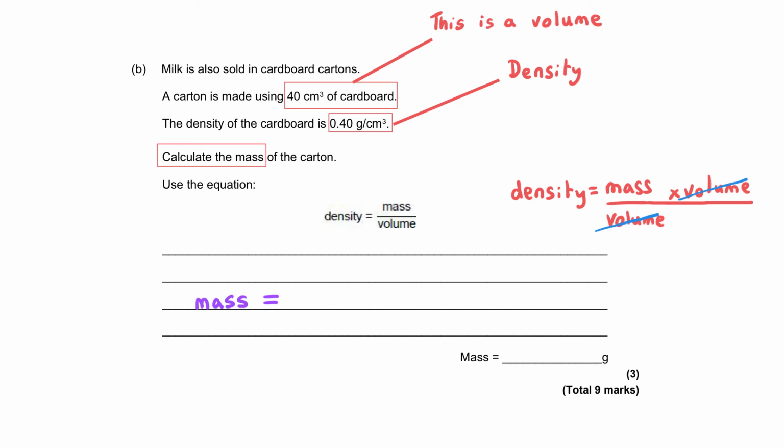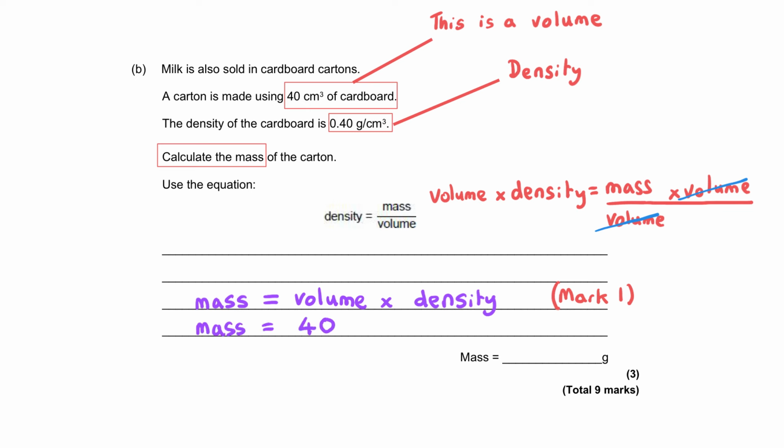And the volumes cancel out to make 1, so it's technically mass multiplied by 1, but we'd never write the 1. But we should know that whatever we do to the right-hand side, we must also do to the left-hand side, and so we need to multiply that density by volume as well. And so we've got mass equals volume multiplied by density. And then we plug those numbers in.